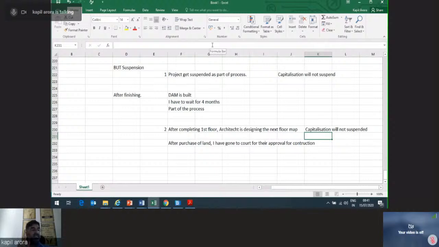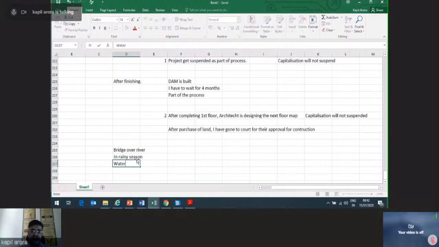If the suspension is part of the process, I take one more example which is there in the standard. Let's assume you are making a bridge over the river. In rainy season, water level is high.